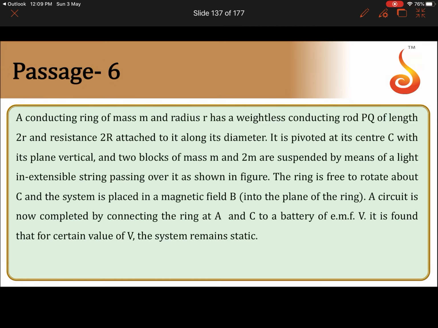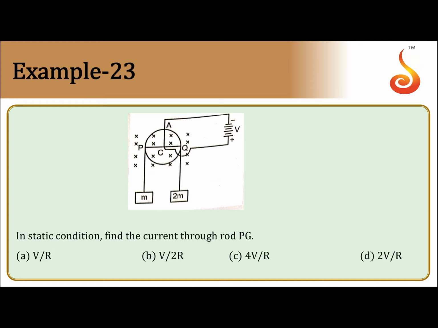The ring is free to rotate about C, and the system is placed in a magnetic field B into the plane of the ring. The circuit is now completed by connecting the ring at A and C to a battery of EMF V. It is found that for certain value of V, the system remains static. So this is the situation.